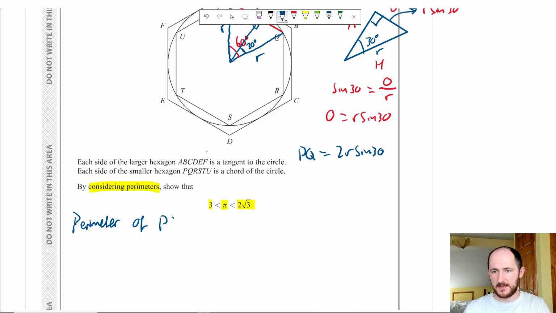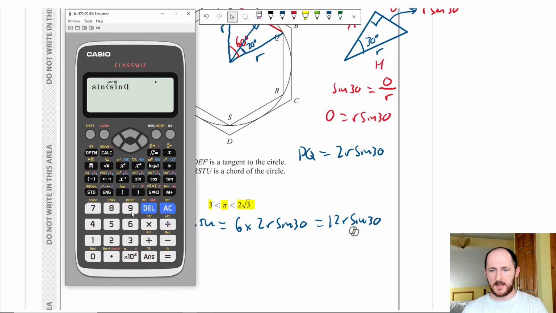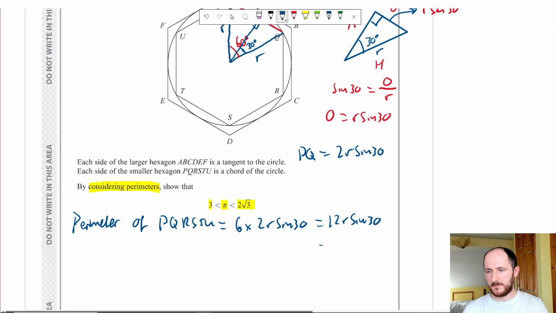PQRSTU is equal to 6 times 2r sine 30, which is 12r sine 30. But if you remember, sine 30 is a half. This is a calculator paper, so if you weren't sure about that, just whip out your calculator. Sine 30, whoa, careful, is a half. So that means it's 6r.